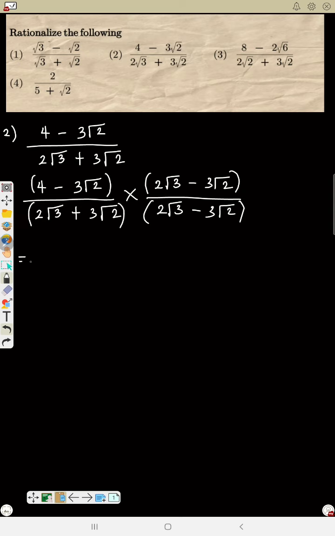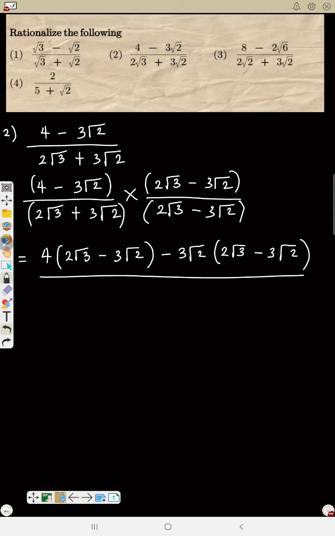Now expand. So if you expand the same way, this will be 4 times all this, that is 4 times (2 root 3 minus 3 root 2), then minus 3 root 2, still times 2 root 3 minus 3 root 2.